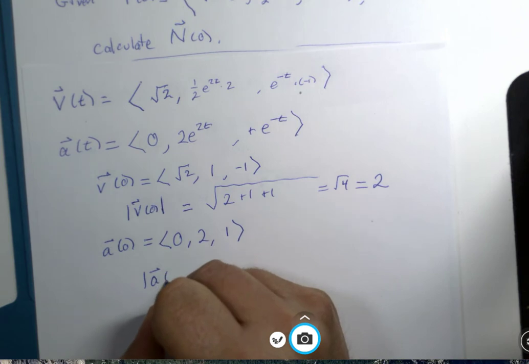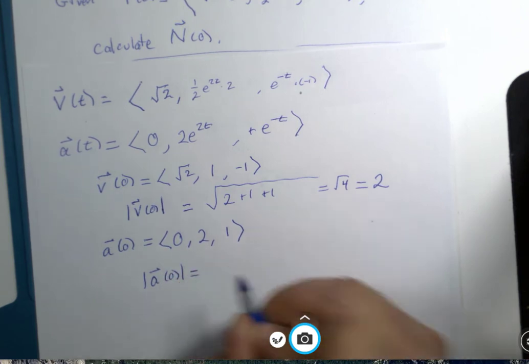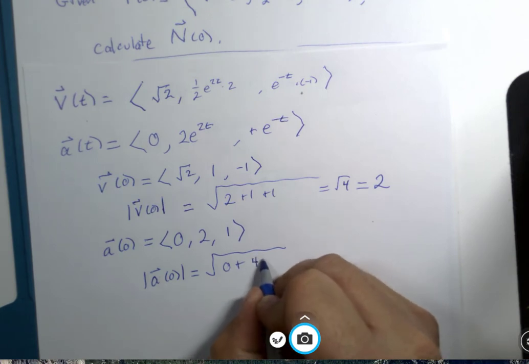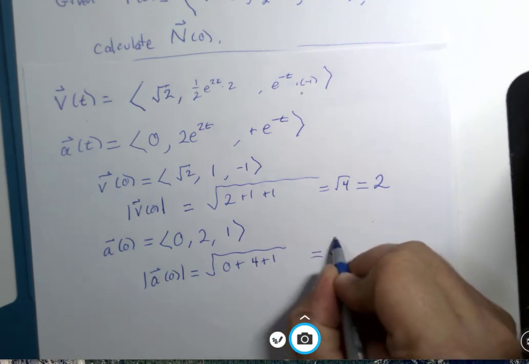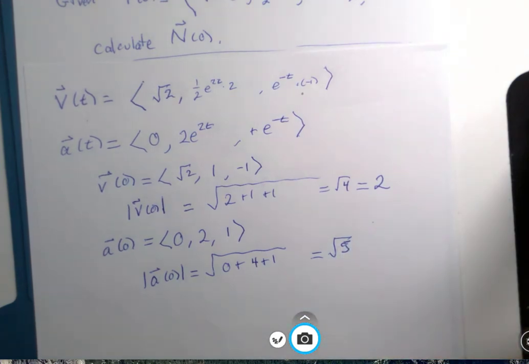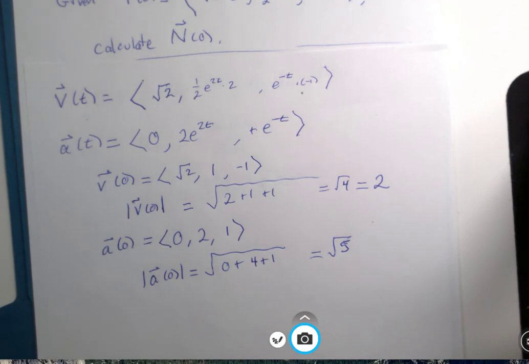The magnitude of acceleration is going to be 0, 2 squared is 4, plus 1, square root of 5. I claim we have finished our shopping trip to the hardware store. We have all the tools and parts we need to build this beast.